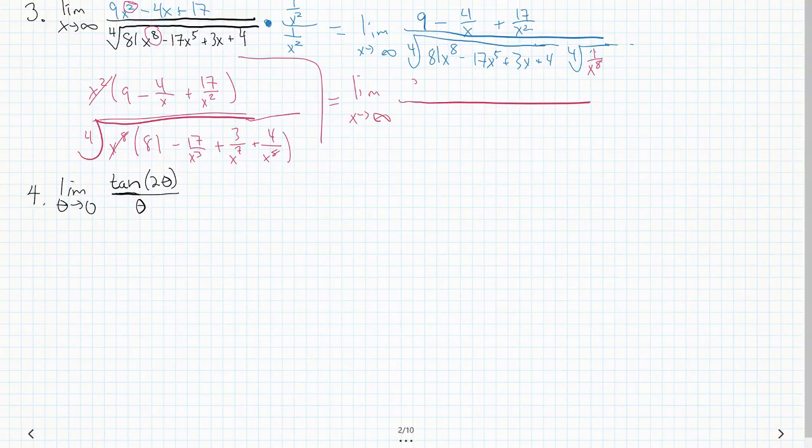So now what we have is 9 minus 4 over x plus 17 over x squared, all over, and now when we take that 1 over x to the 8th, inside there you'll see even more how this works to be the same. This is the fourth root of 81 minus 17 over x cubed, plus 3 over x to the 7th, then plus 4 over x to the 8th.